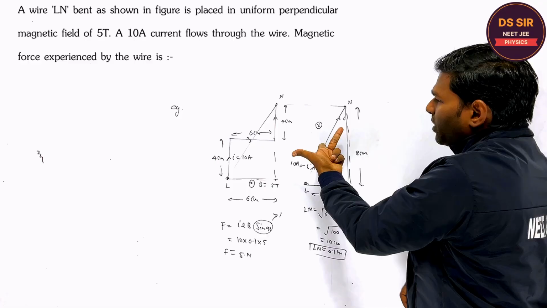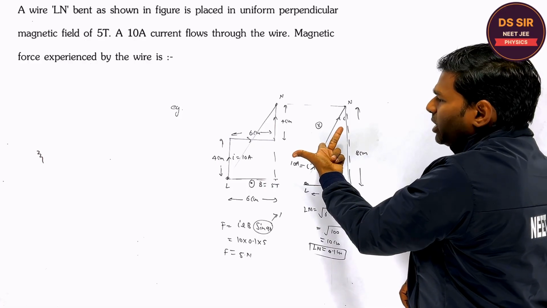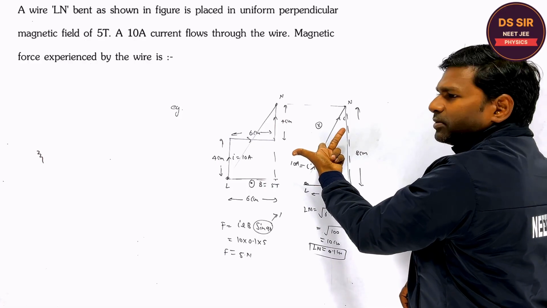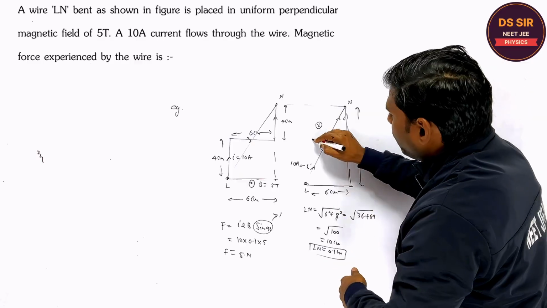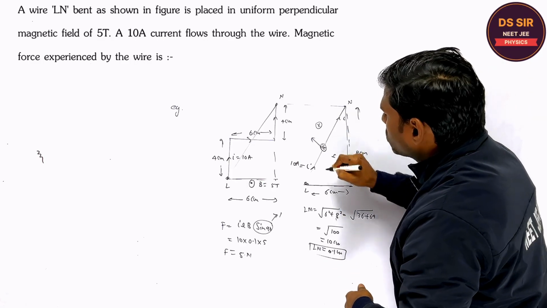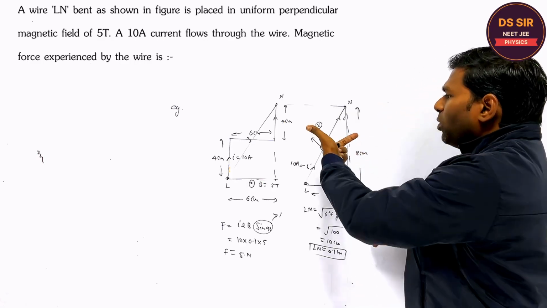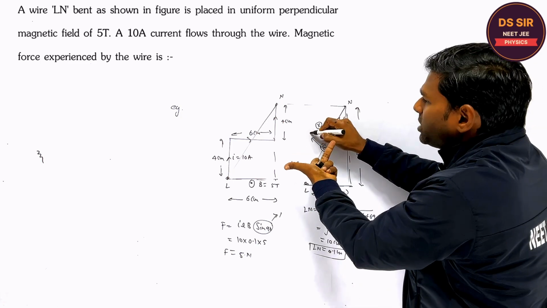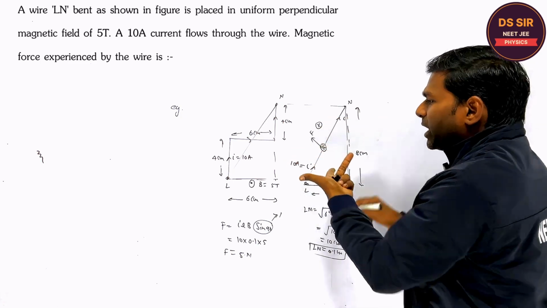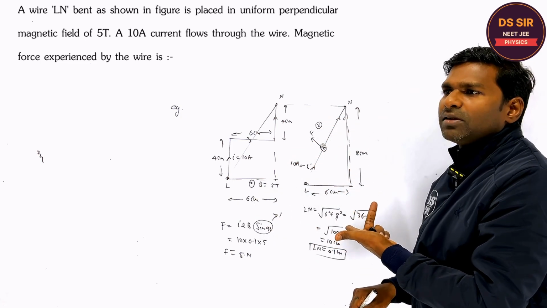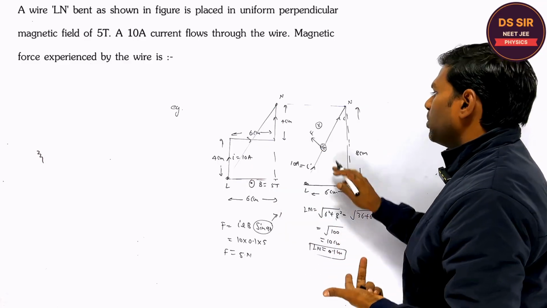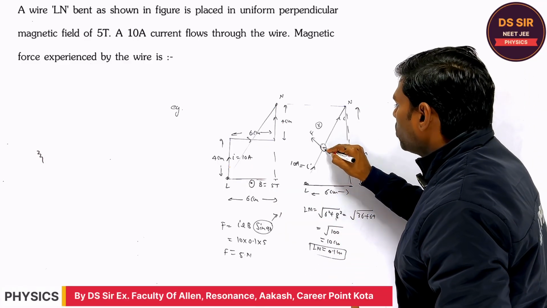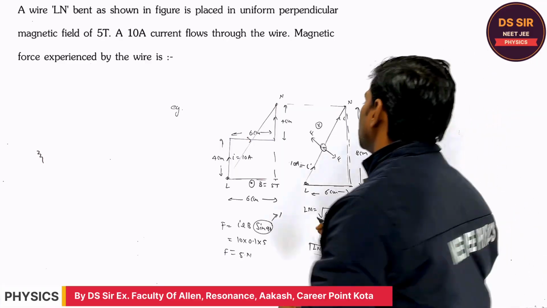This is the direction of current. So what is the direction of force on this? If the magnetic field is into the board, force is coming in this direction, but actually the magnetic field is out of the board. So for out of the board, the magnetic force will act in this direction.